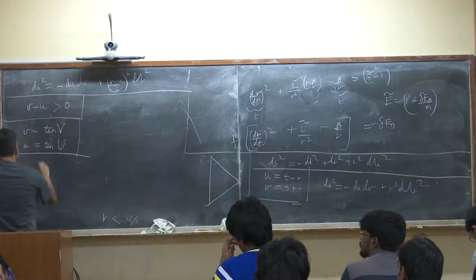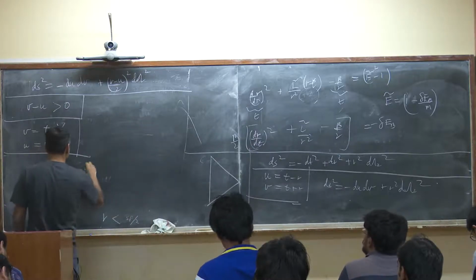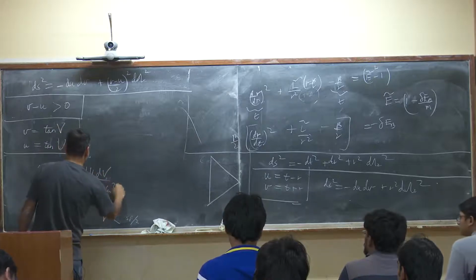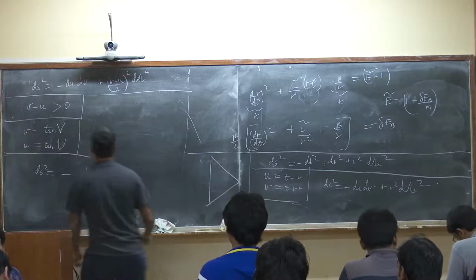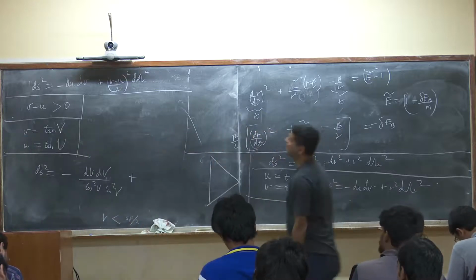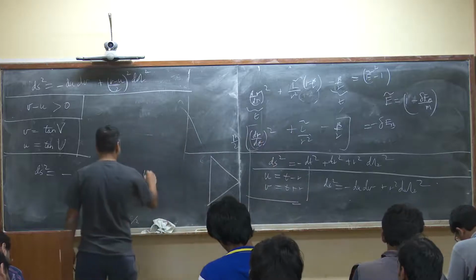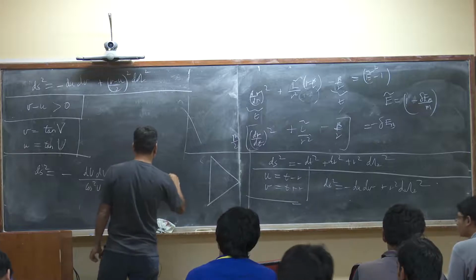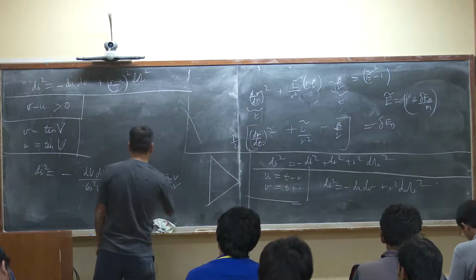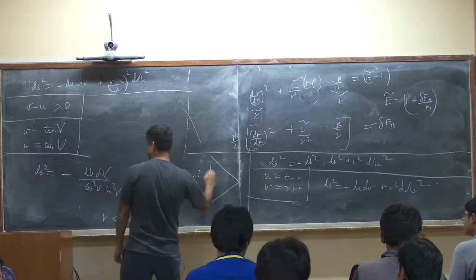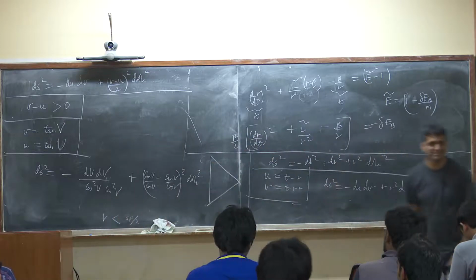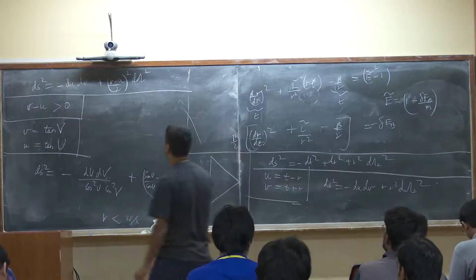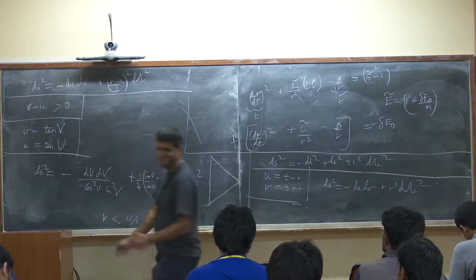So I get ds squared is equal to minus du dv divided by cos square u cos square v plus tan u minus tan v, or sin u by cos u minus sin v by cos v, the whole thing squared, d omega 2 squared, multiplied by 1/4. Correct.